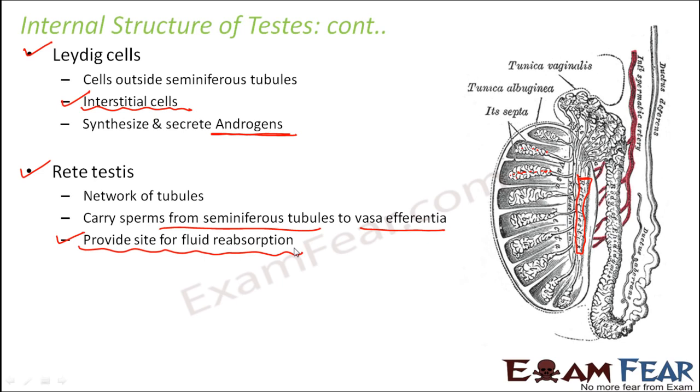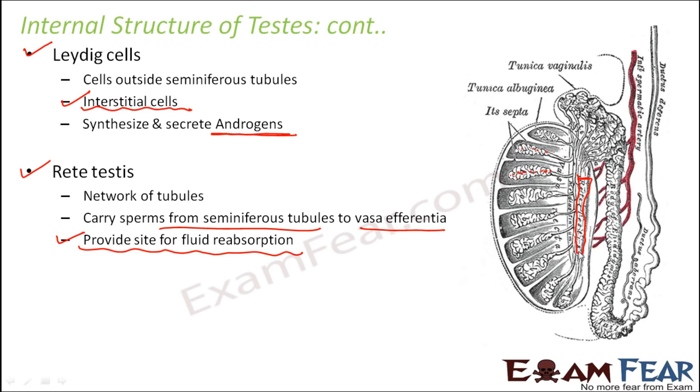And had they not been concentrated, then the sperm actually entering the epididymis would not be concentrated, and hence this might result in infertility. Because in order to have effective reproduction, the sperms need to be concentrated. It should not be like too much fluid being there. So fluid reabsorption has to take place, and that is taken care of by the rete testis.